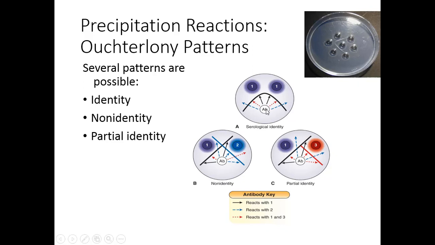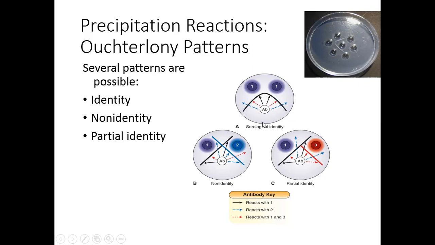And then based on the patterns that you see developing, whether you get this arc, you get a cross, an X, or you get what's called a spur, where one line reaches towards one of the antigen wells more than the second line does to the other one. So this little area is called a spur.